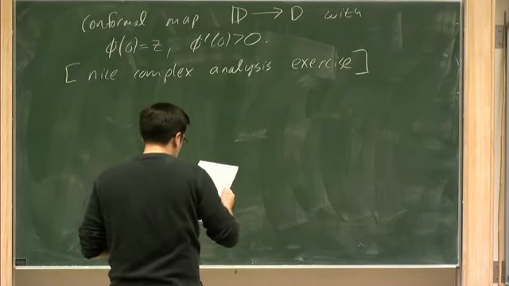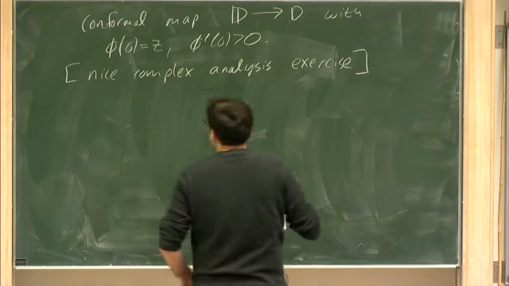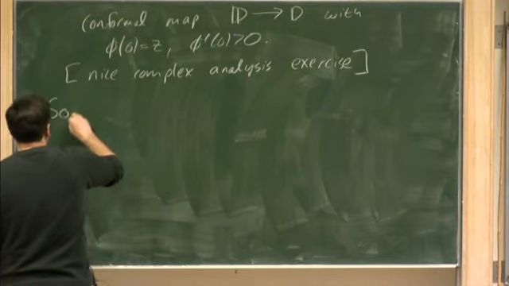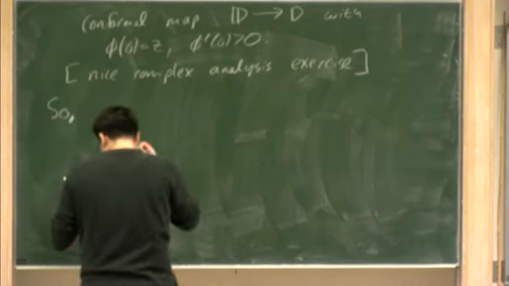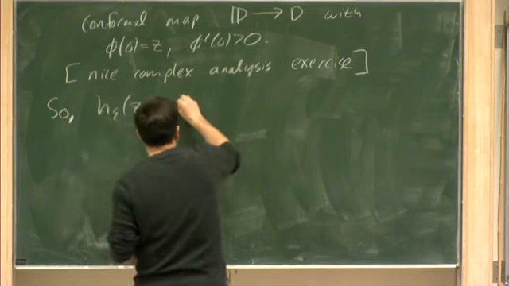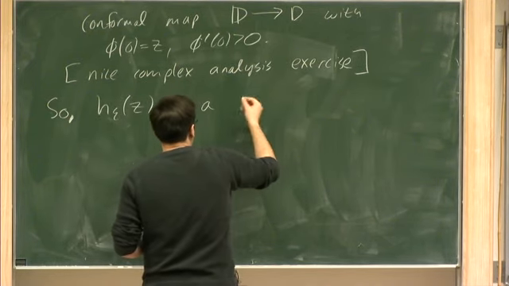And yeah, so what do we get in the end? So what we get is that h epsilon of z, this is a normal random variable.